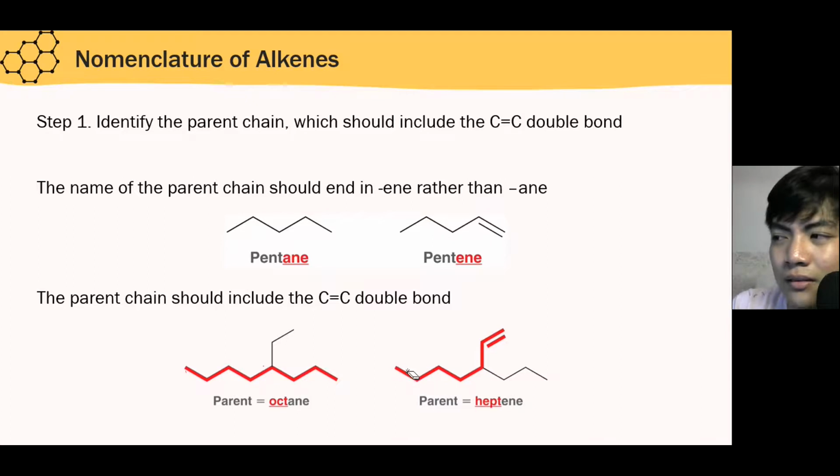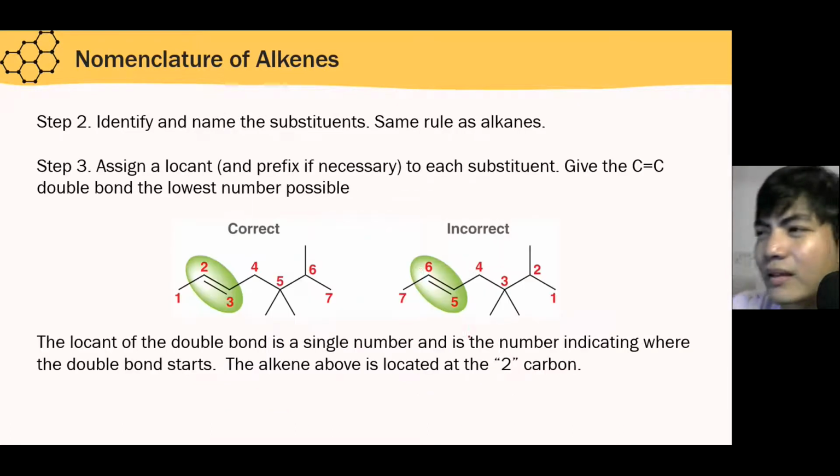Okay lang yan as long as madadaanan niya yung double bond. Okay? So, yun lang. And then after that, you need to identify and name the substituents. We already did that in the alkane, so we'll skip that.